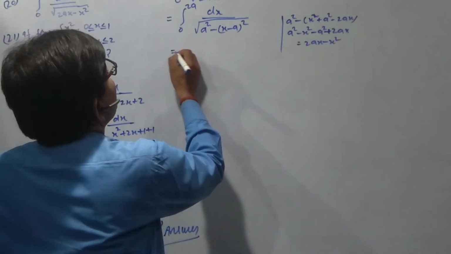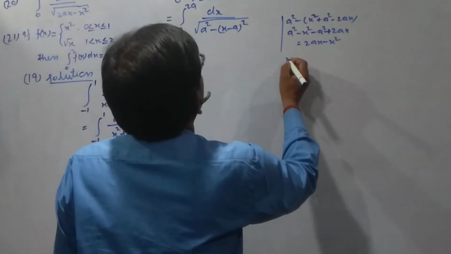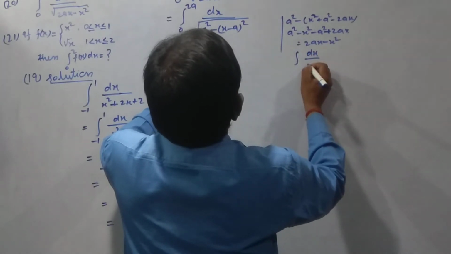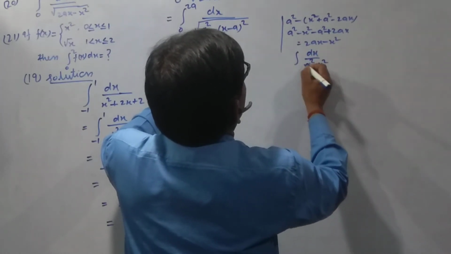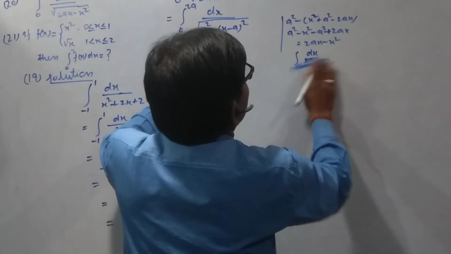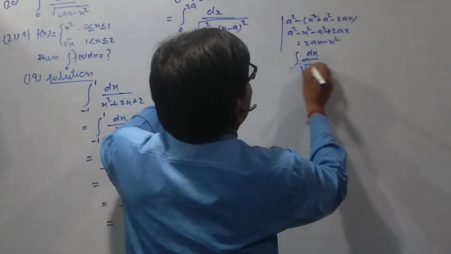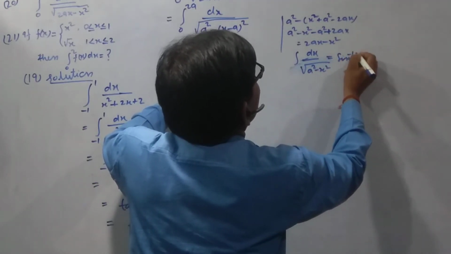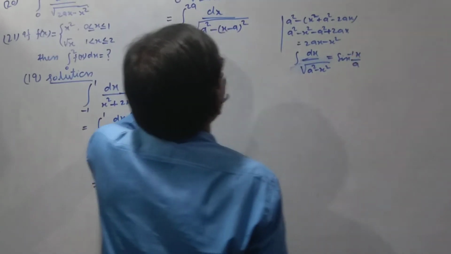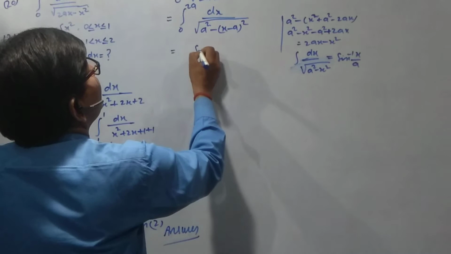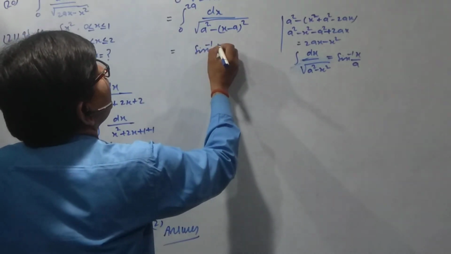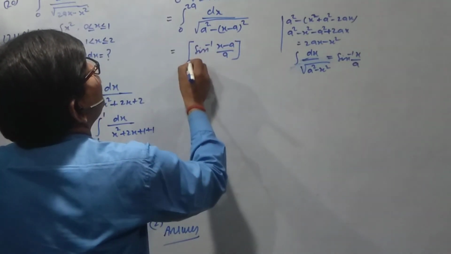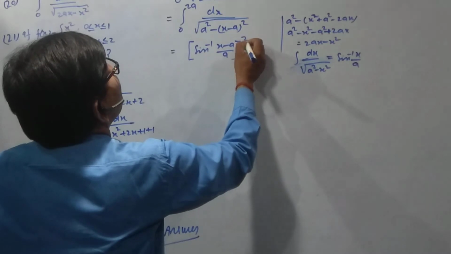Now the integration of dx divided by the root of a square minus x square is equal to sin inverse of x by a, so here also it is equal to sin inverse of (x minus a) by a, and the limit will be 0 to 2a.